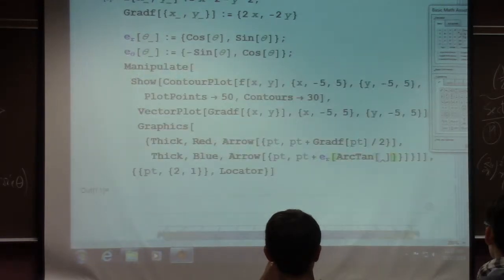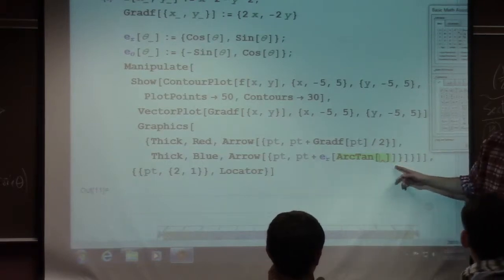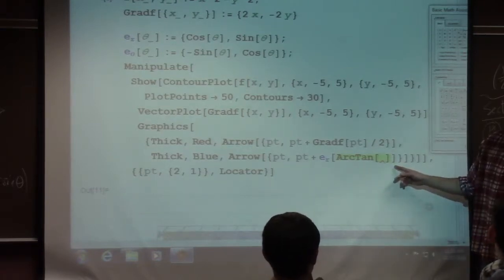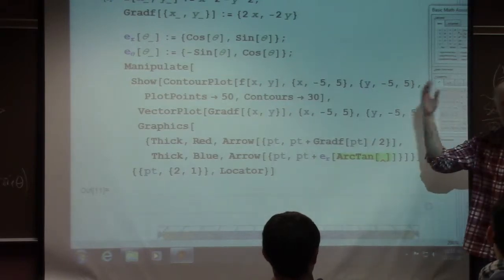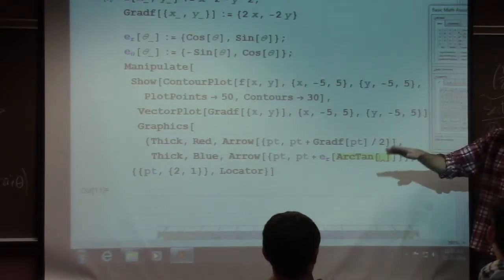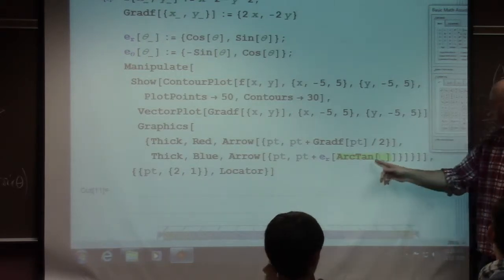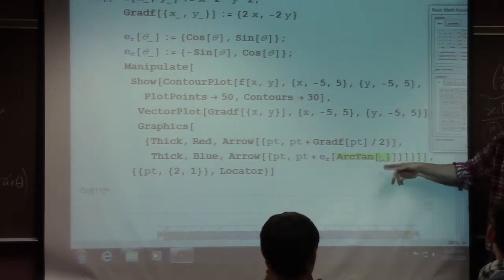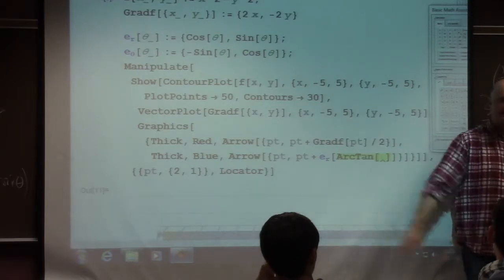I think I showed you this trick before. If instead of y divided by x, you put x comma y, that will work and give you an angle in the second or third quadrant if your point is over there. I think the default output for the arctangent of x comma y is between negative pi and positive pi.